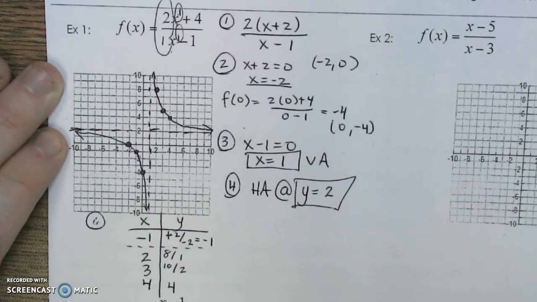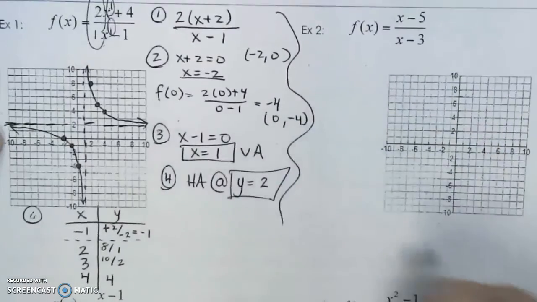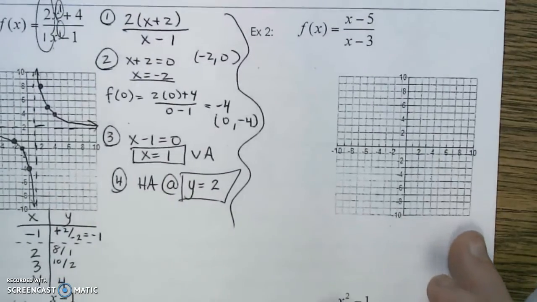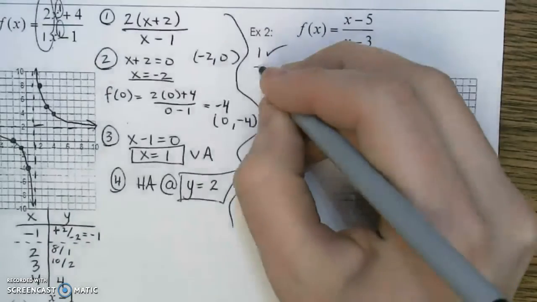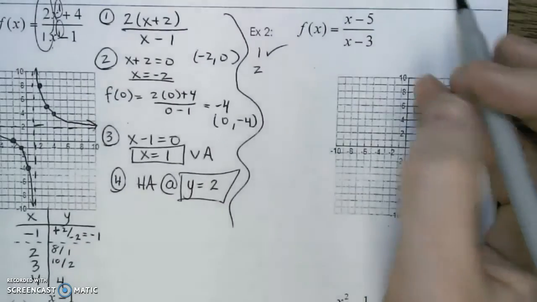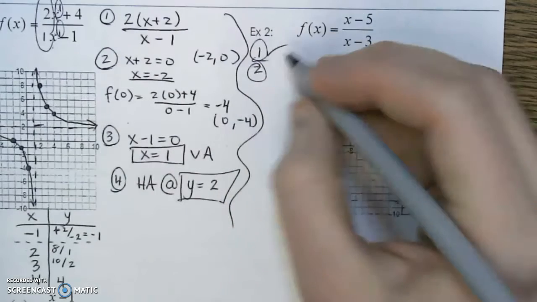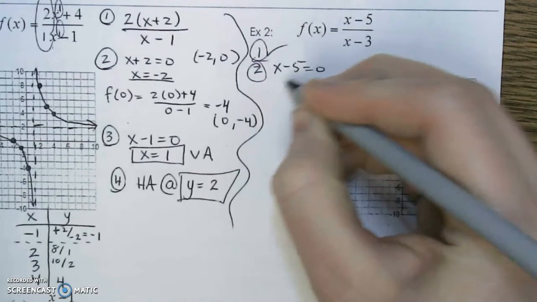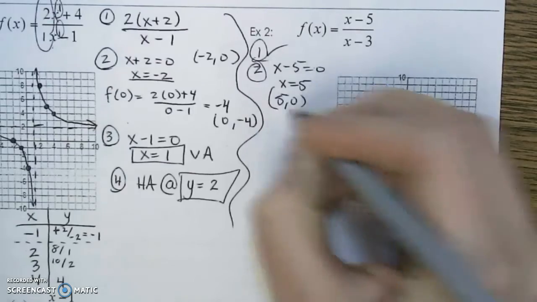All right, let's look at example 2. Step 1, factor. 1, we did. 2, find intercept. So if I set the top equal to 0, then I get x minus 5 equals 0. I'm getting 5. So we've got 5 comma 0 is the x-intercept.